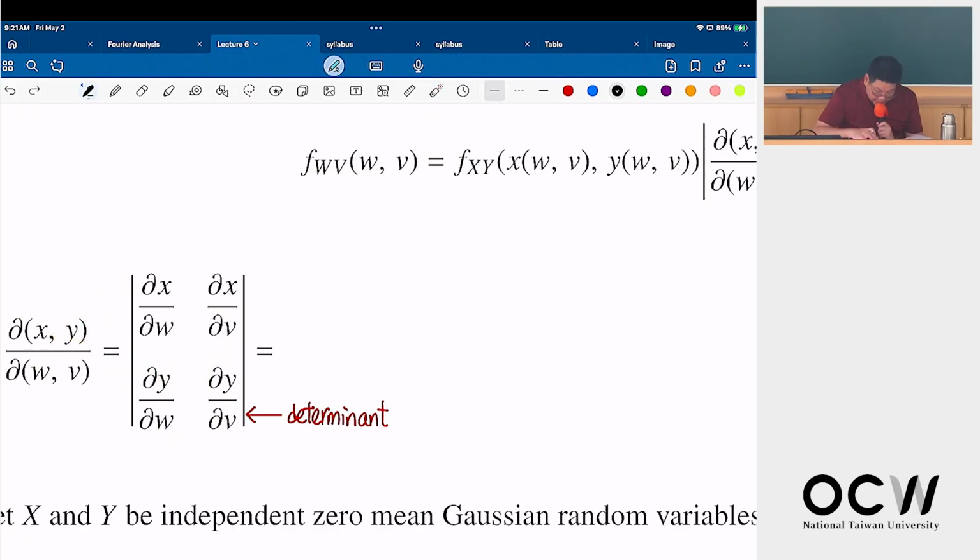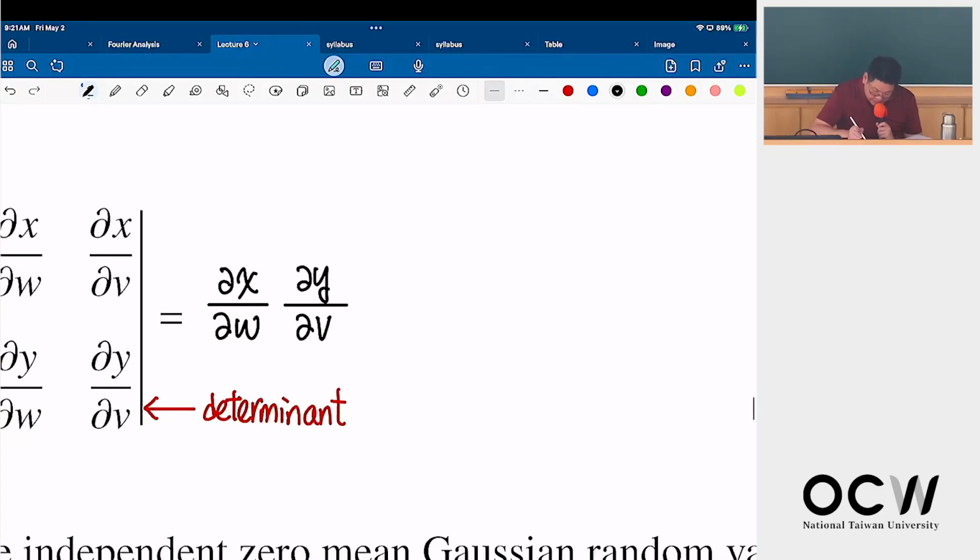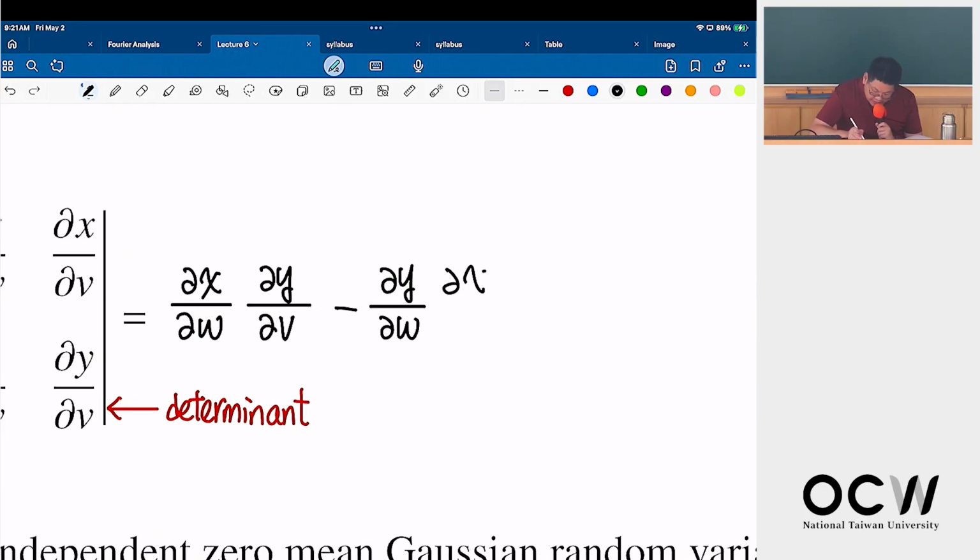And here we get partial x over partial w times partial y over partial v, minus partial y over partial w times partial x over partial v.